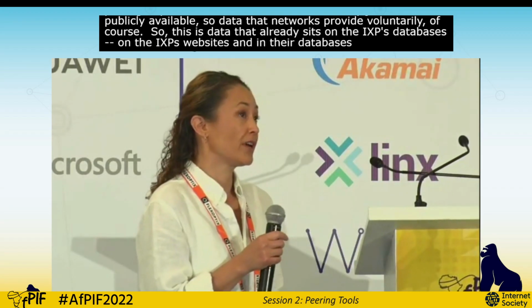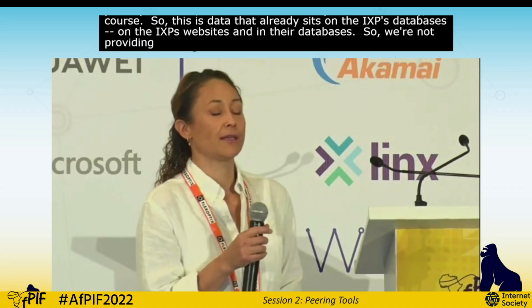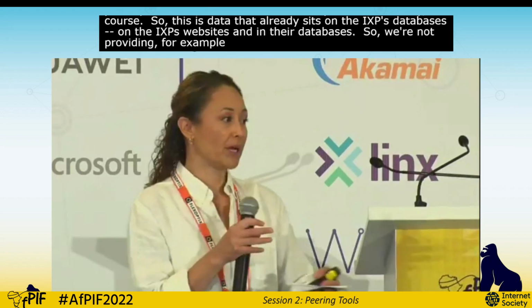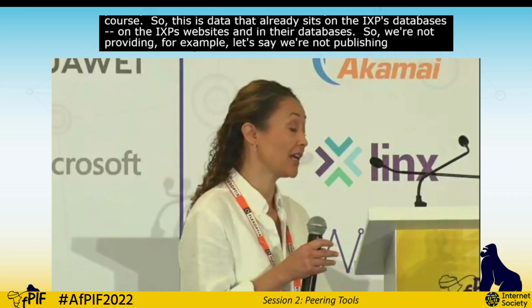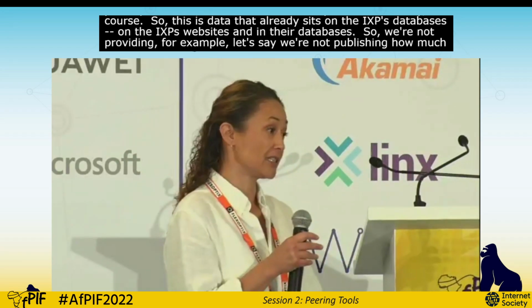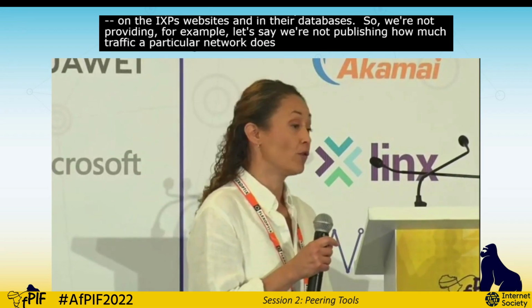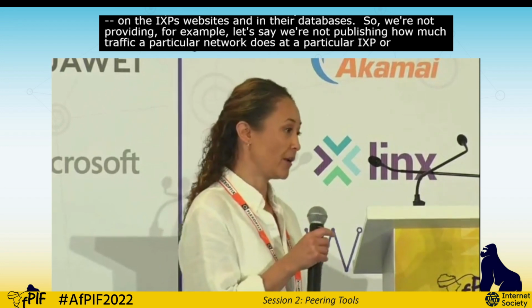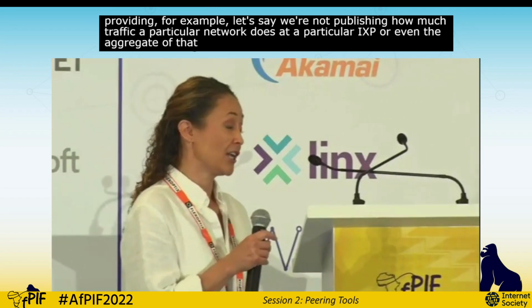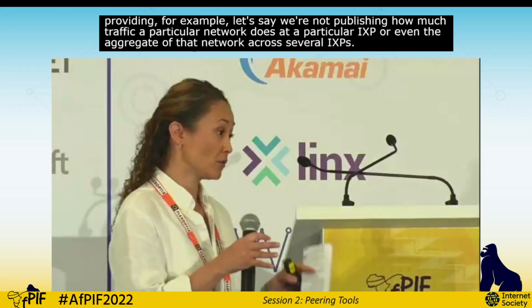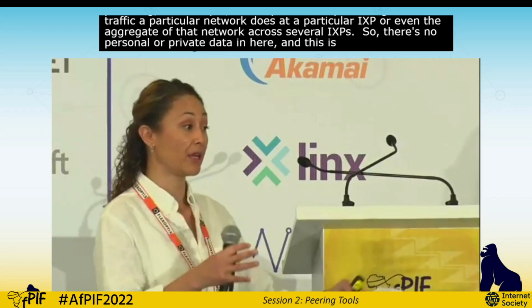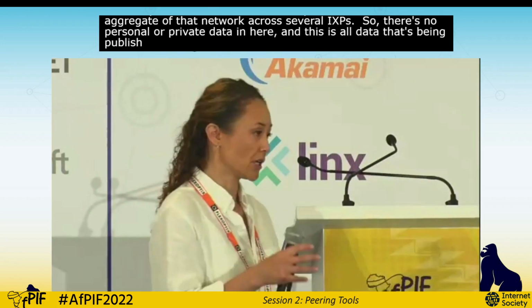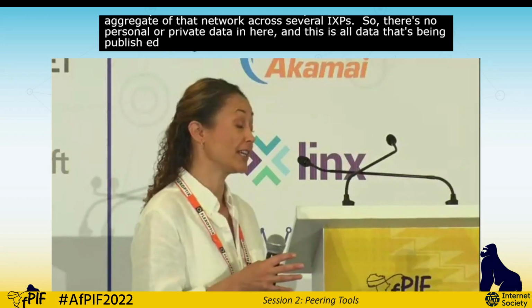We're not publishing, for example, how much traffic a particular network does at a particular IXP, or even the aggregate of that network across several IXPs. So there's no personal or private data in here, and this is all data that's being published to also enable discussions about peering and peering negotiations.